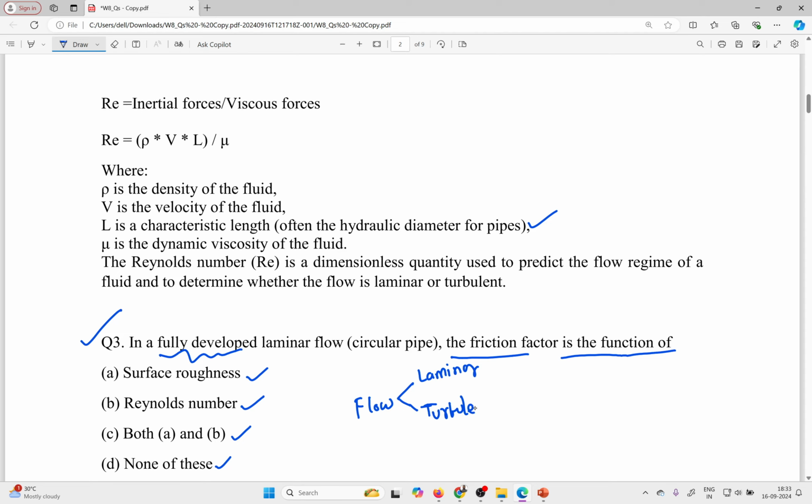We are generally talking about laminar and turbulent in fluid flow at BTech level. So in laminar or turbulent flow, we need to calculate the friction factor. Friction factor is basically related to the head loss: 4 f L V square by 2 g D.